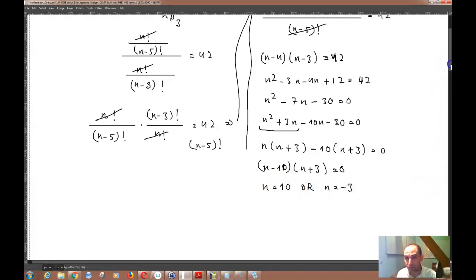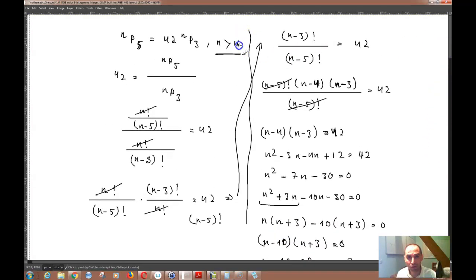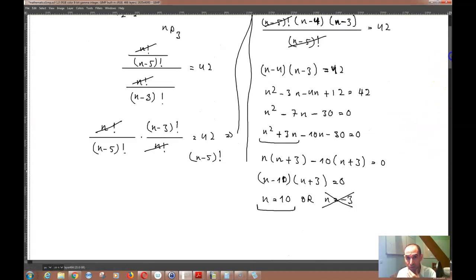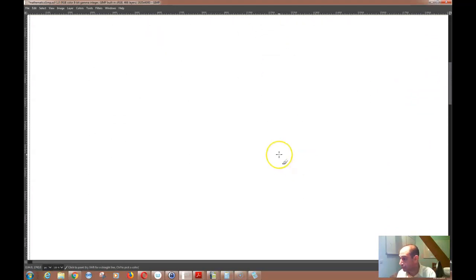And of course, since I know that n is greater than 4 here, I have to reject this answer and take n is equal to 10.